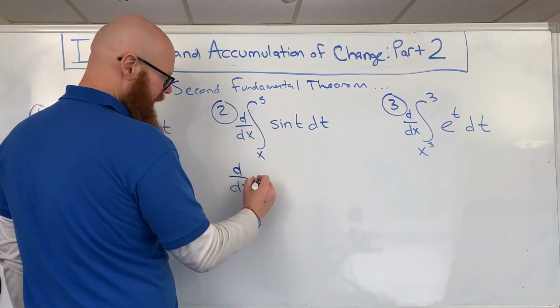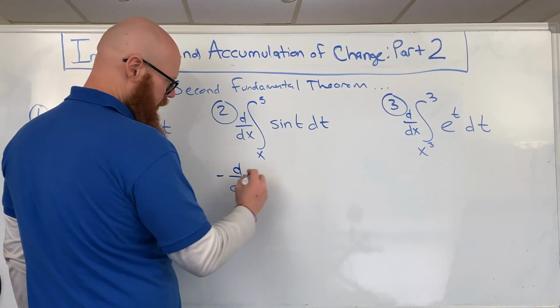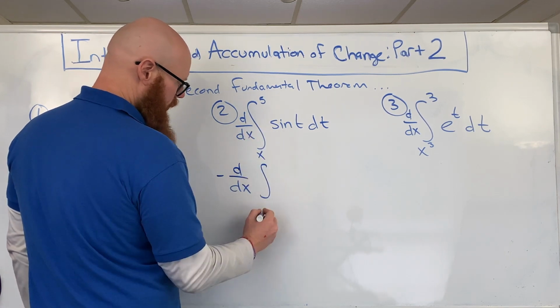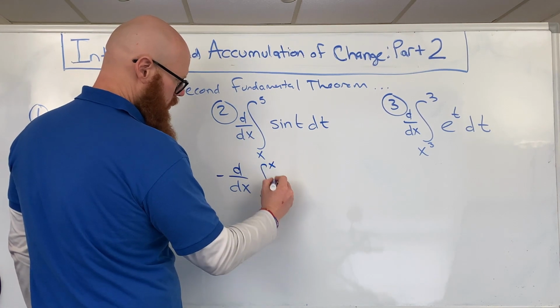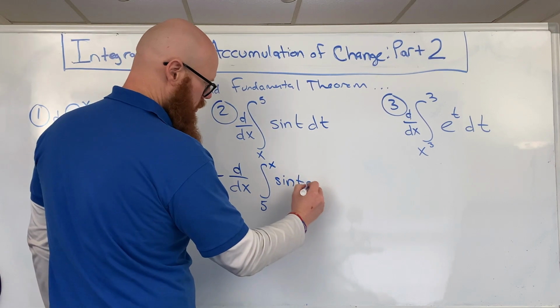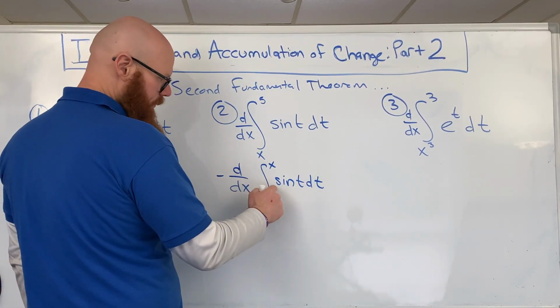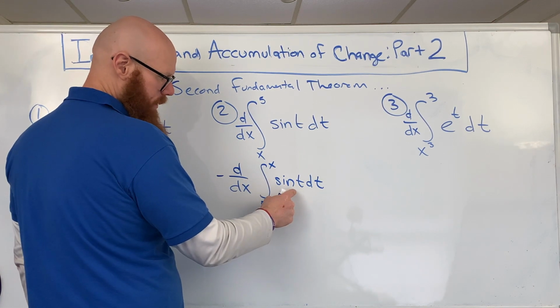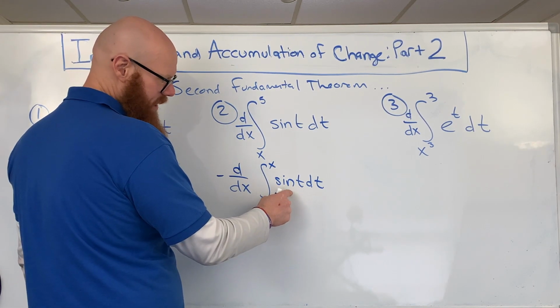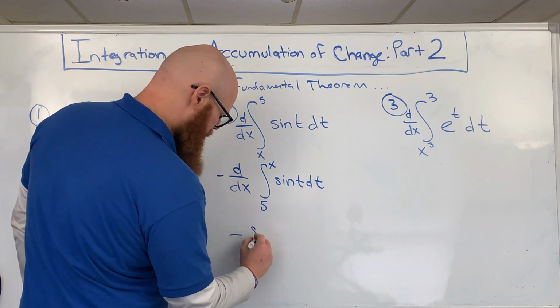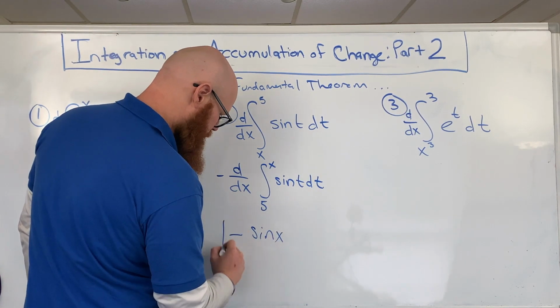We can take out a negative, so I'll just put that here, and then flip our limits of integration. And then we can do the same thing. So I have negative, and then the derivative of the integral cancels out, and we're left back at our original function sine, but x is replaced in there, so it's just negative sine x.